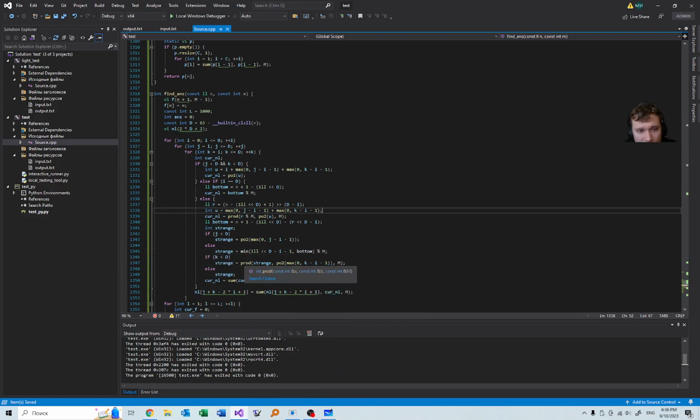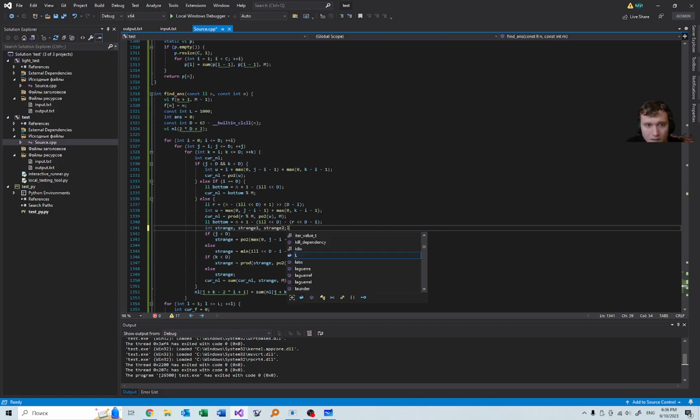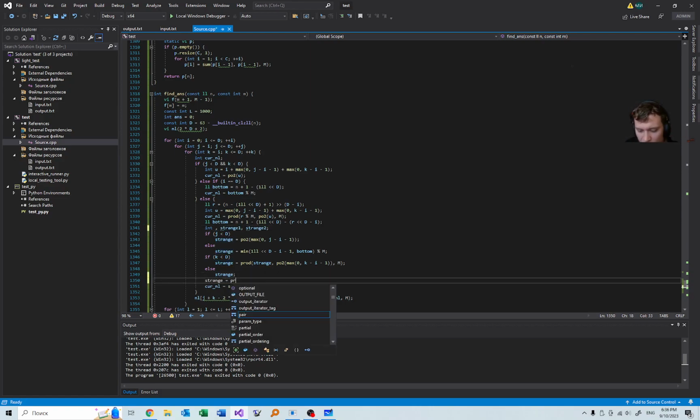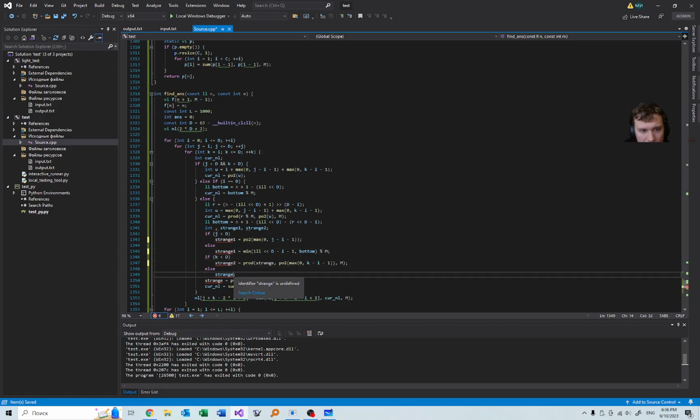And here I say, actually to debug it easier, let's do this. Yes, so here I say the strange is product of strange 1, strange 2 modulo M. And here I say this.